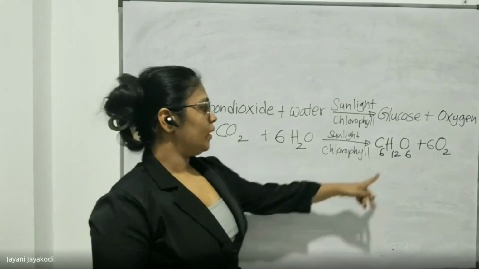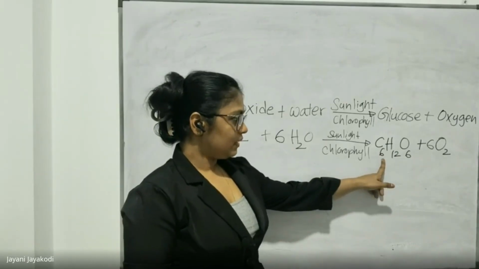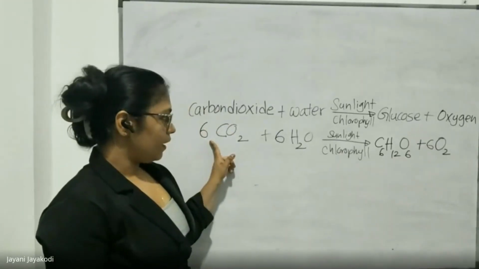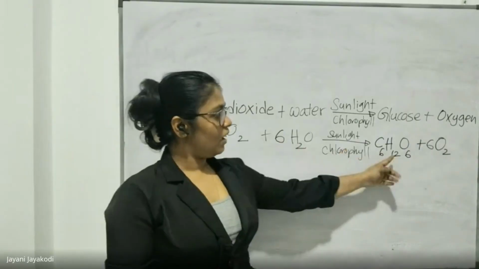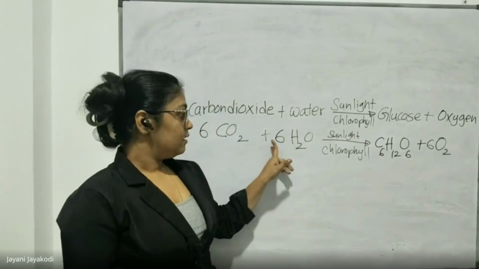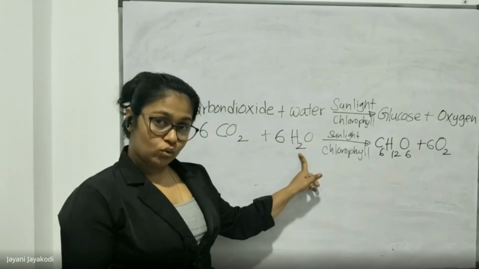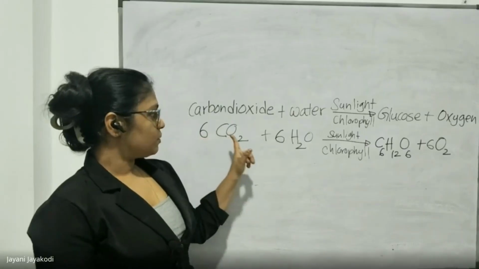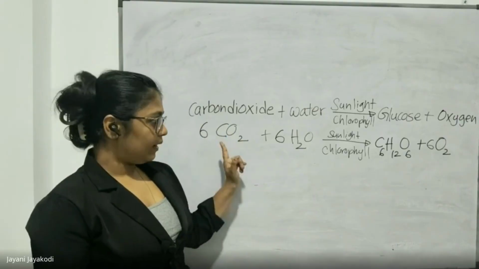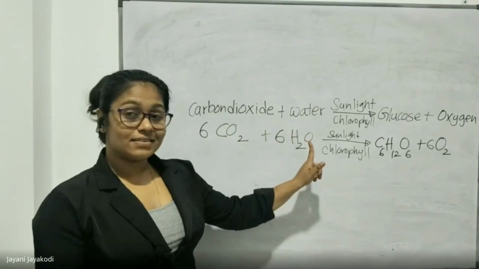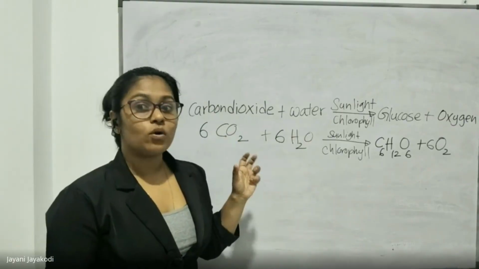How many carbons are there? 6 carbon. How many carbons are there? 6 carbon. How many hydrogens are there? 12 hydrogen. How many hydrogens on this side? 6 multiplied by 2, 12. How many oxygens are there? 6 multiplied by 2, 12, and here 6 oxygen, 12 and 6, 18. 18 oxygens.